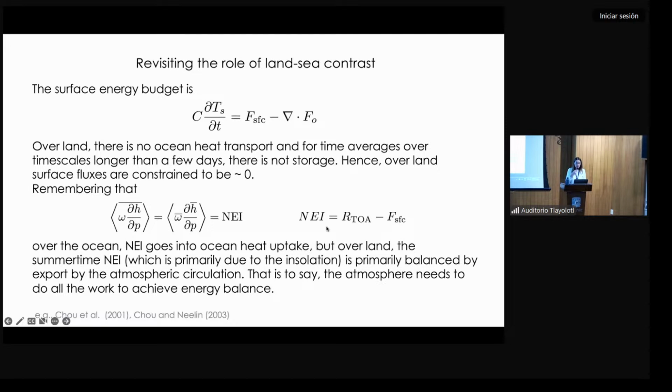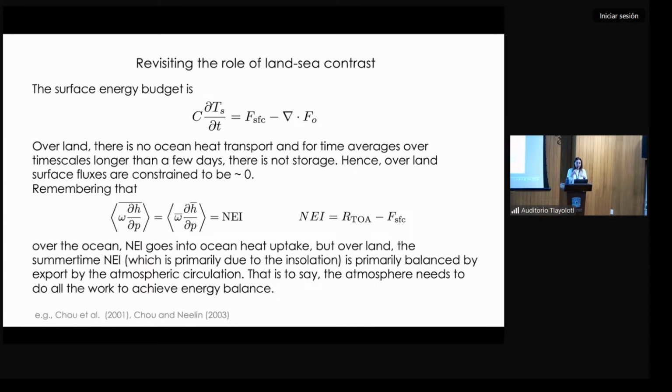Over the ocean, the atmosphere needs to do less work, because some of those changes in the top of atmosphere radiative fluxes can be uptaken by the ocean through both storage and transport away from these regions.